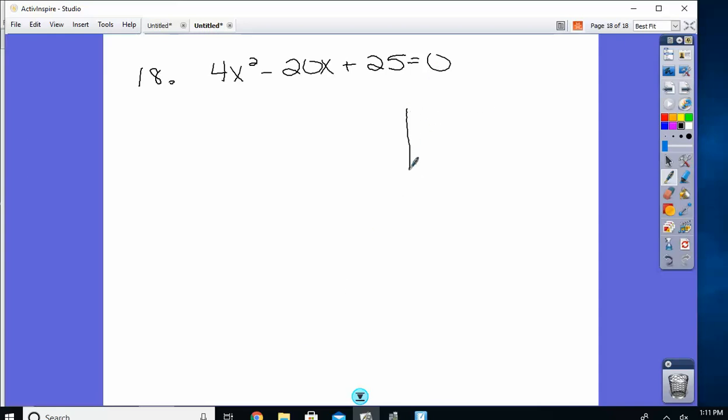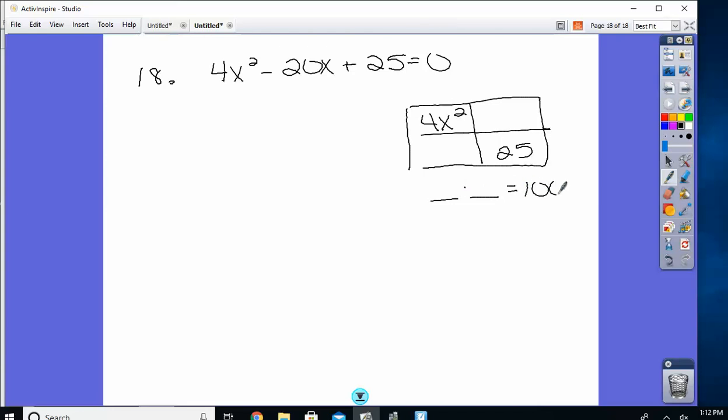So if we draw that out. Those multiply to 100. We need them to add to negative 20. So what would it be?